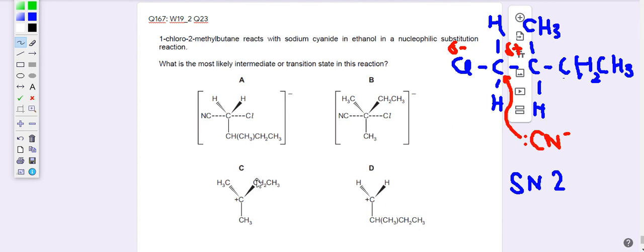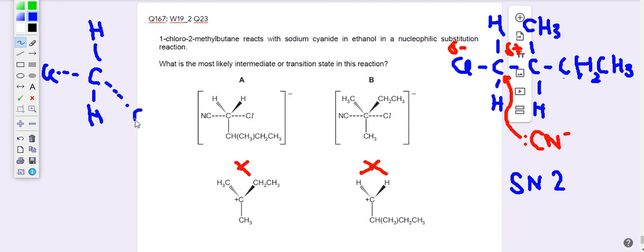See, we are not getting a carbocation, so C cannot be the answer, and D cannot be the answer. Now, the transition state can be A or B. Let's check. If you have a carbon like this, and the cyanide ion is attacking from here, this carbon will form a transition state where the C is bonded to Cl, but this bond is partially broken, bonded to 2H, and bonded to the CN, and this bond is partially formed.